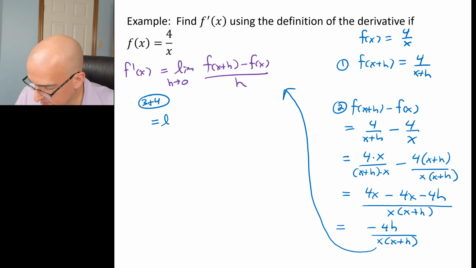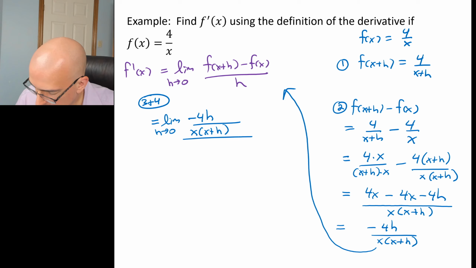So the limit as h approaches 0 of negative 4h over x times (x plus h), all divided by h. So that's going to be the limit as h approaches 0.